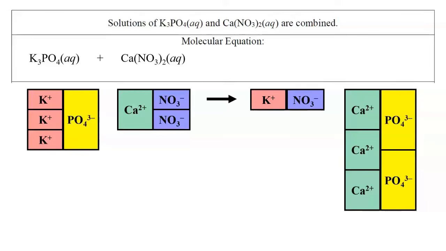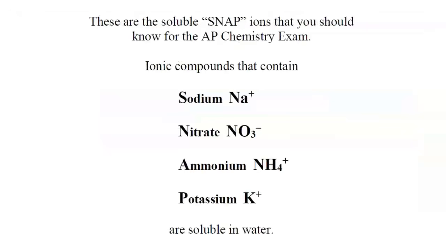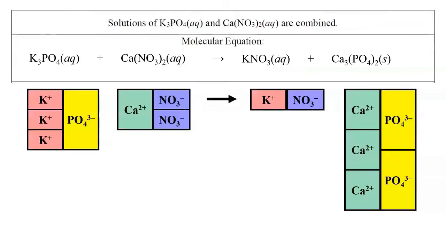So the correct chemical formula of potassium nitrate is KNO3, and the correct chemical formula for calcium phosphate is Ca3(PO4)2. Which one of these products is the precipitate? Well, since potassium nitrate is soluble according to the SNAP ions, that means that the precipitate is calcium phosphate.